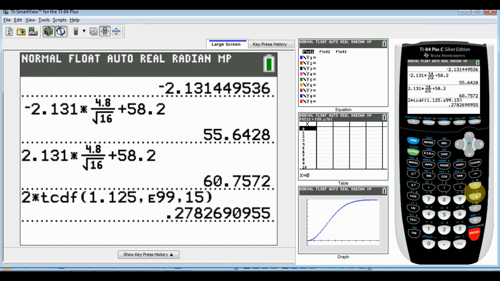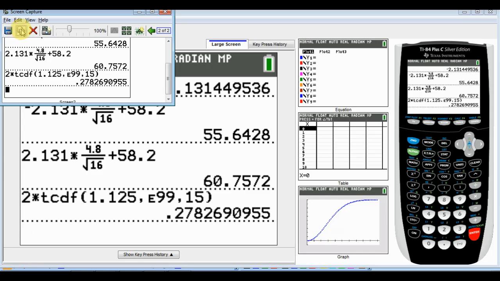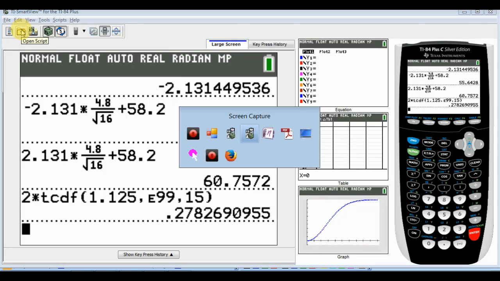Look at that gigantic p-value. No, 0.2783.